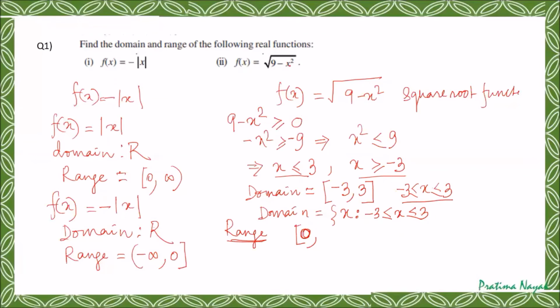It cannot take more than 3, because if x were more than 3, like 4, then it would again be negative. So it will be 0 to 3, and 3 is also included. So the range is 0 to 3, and our domain is minus 3 to 3.